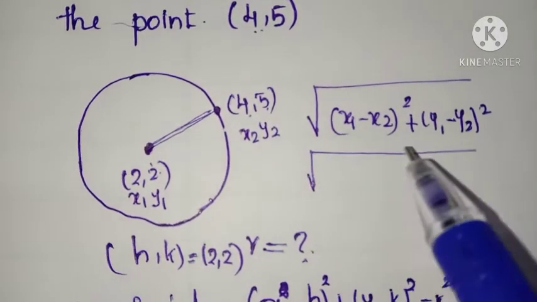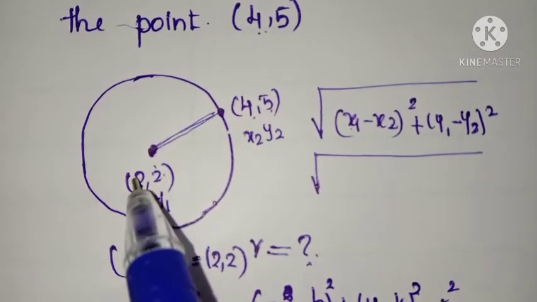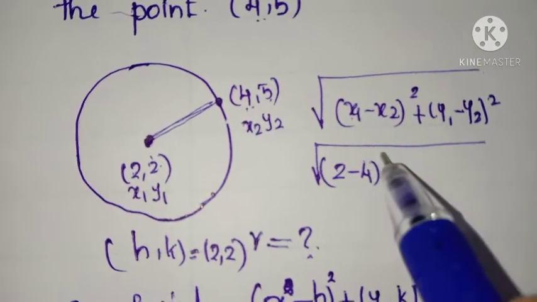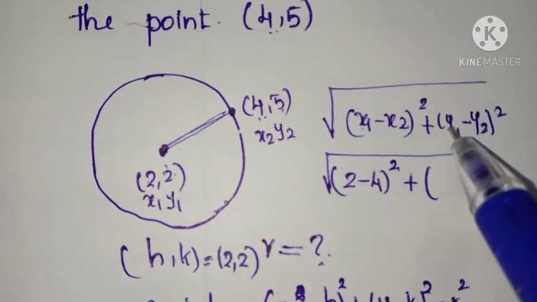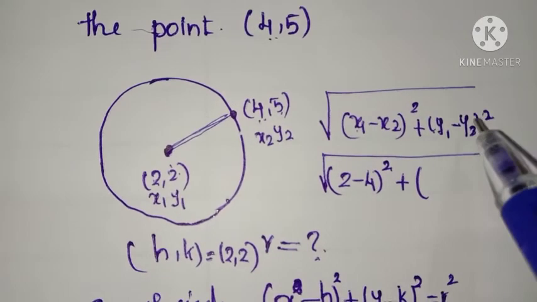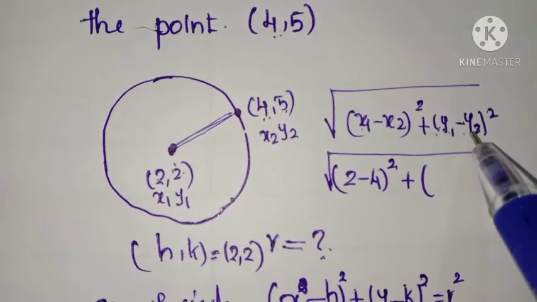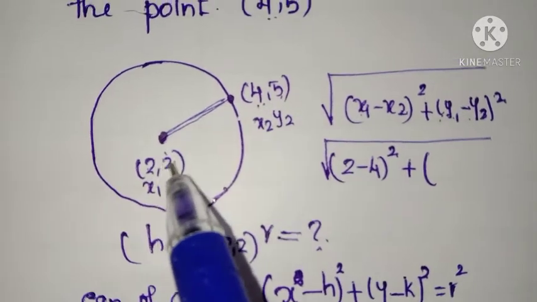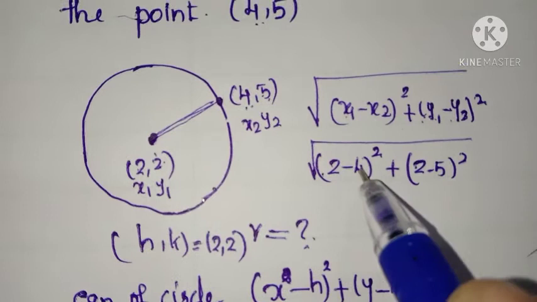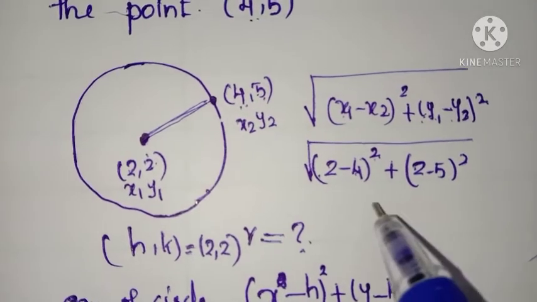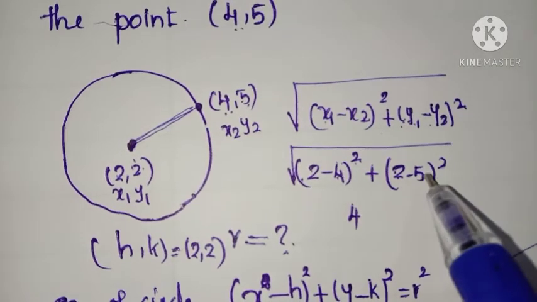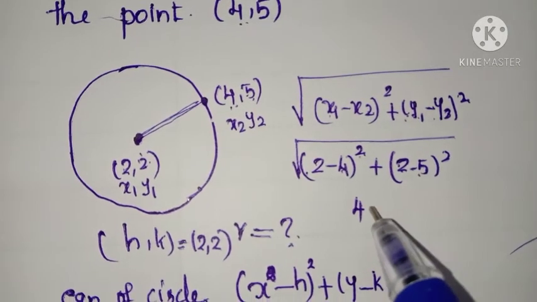So this becomes (2 - 4)² plus (y1 - y2)², and (y1 - y2)² is the same as (y2 - y1)², so (2 - 5)². 2 minus 4 is minus 2, squared is 4. 2 minus 5 is minus 3, squared is 9.